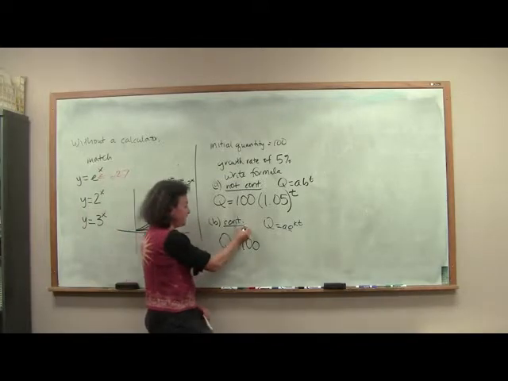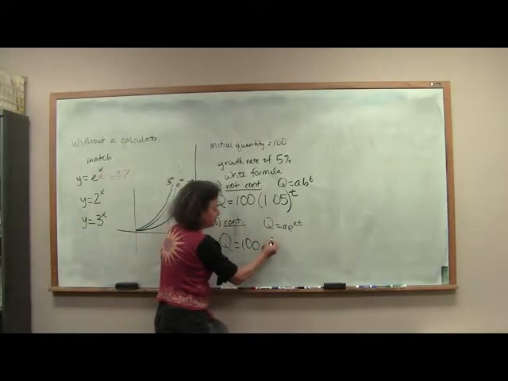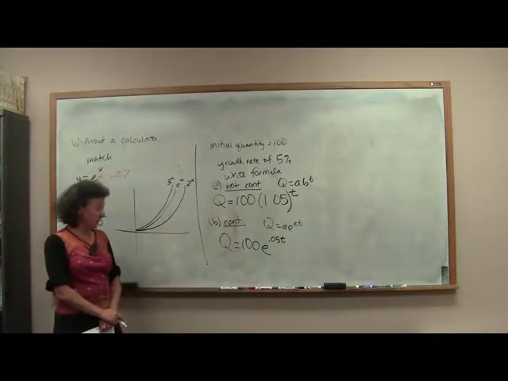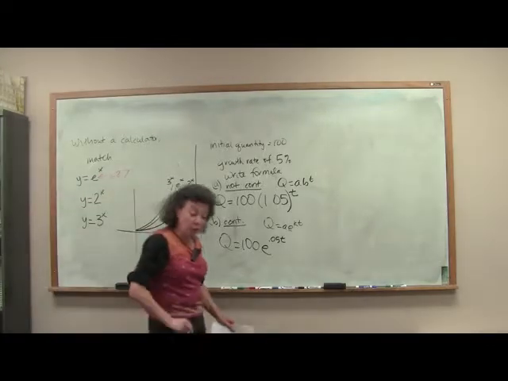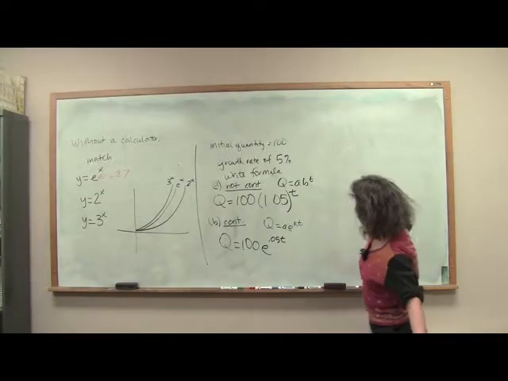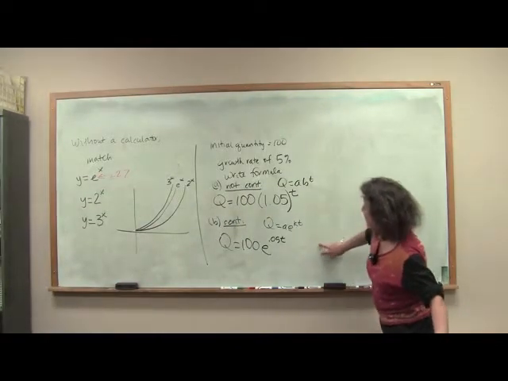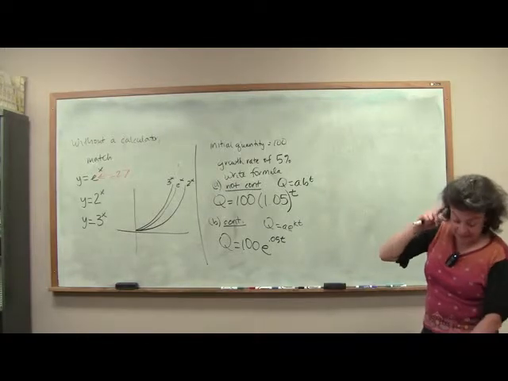If it's a continuous growth rate of 5%, we would write e to the 0.05t. Okay, these are not equivalent. Clearly, this is going to grow faster when it grows continuously.